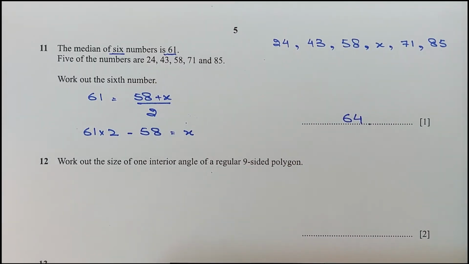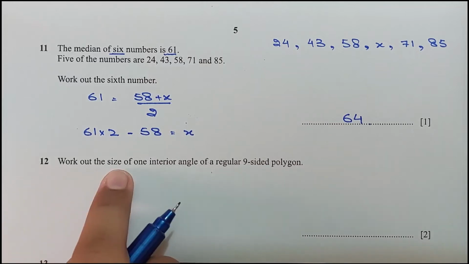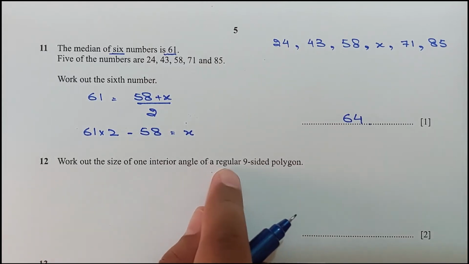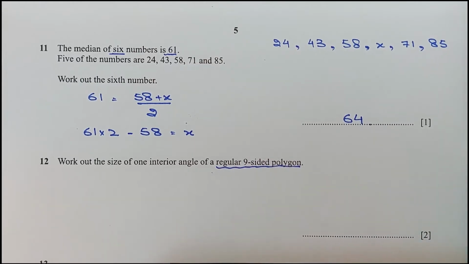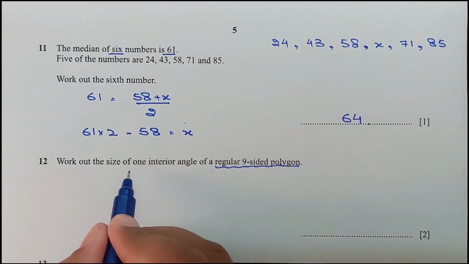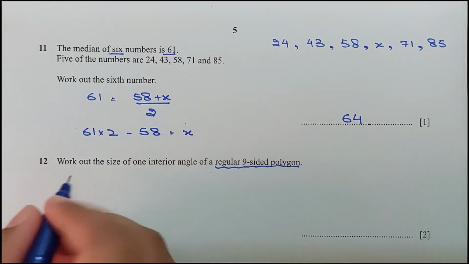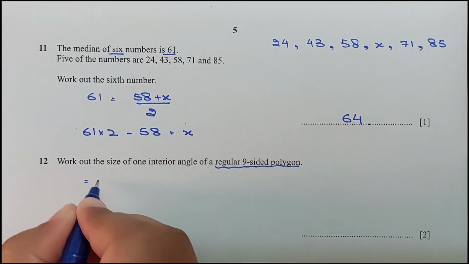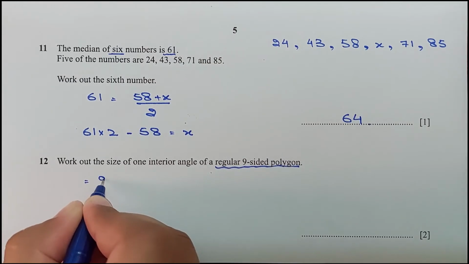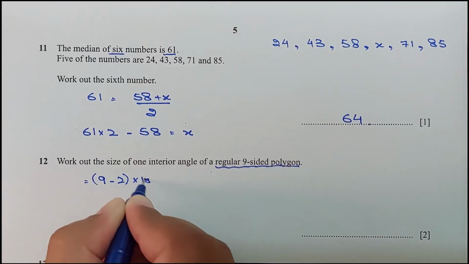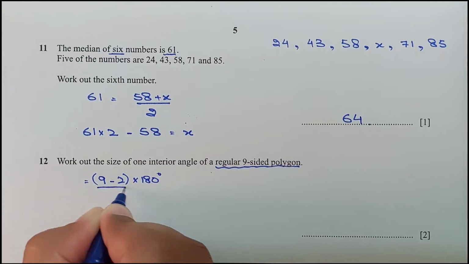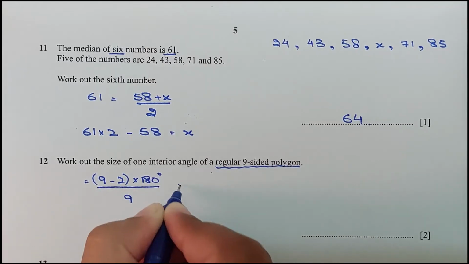Now for number 12, work out the size of one interior angle of the regular 9-sided polygon. Okay, so the measure of one interior angle of a regular polygon has a formula. Number of sides 9 minus 2, times 180 degrees, divided by the number of sides, right?